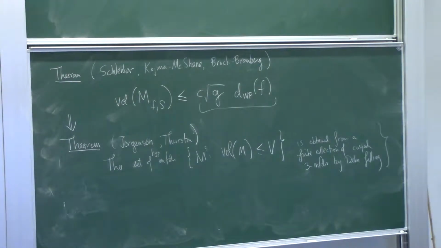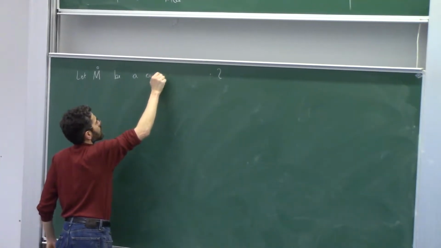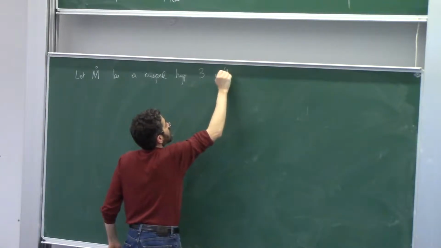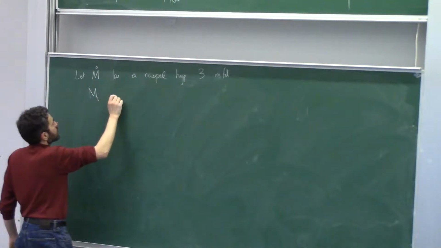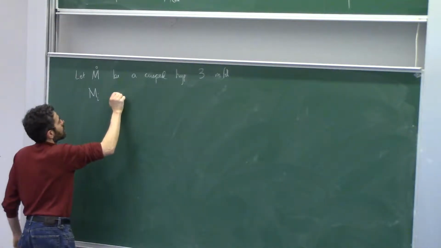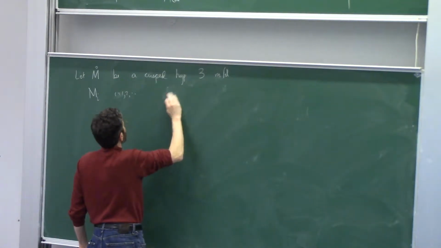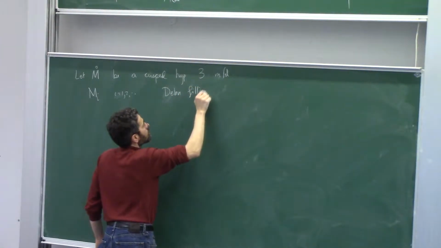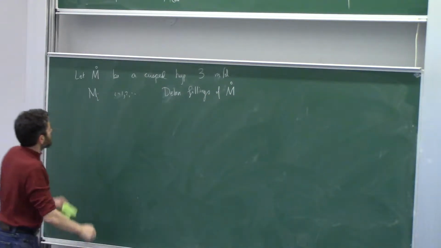Now suppose M_i is an infinite list of, they're all Dehn fillings of M circle, such that two things.